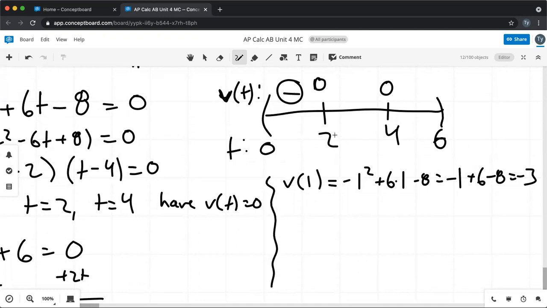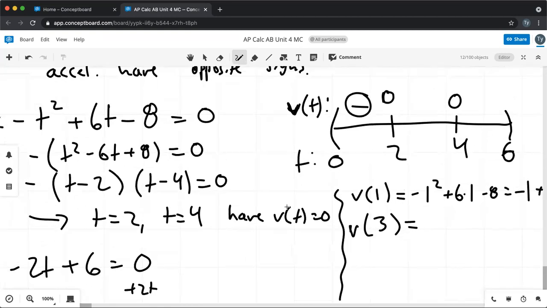Similarly, we want to find a point between 2 and 4 because the sign of whatever point we choose will be the sign of the velocity function in this whole region. So let's pick 3.